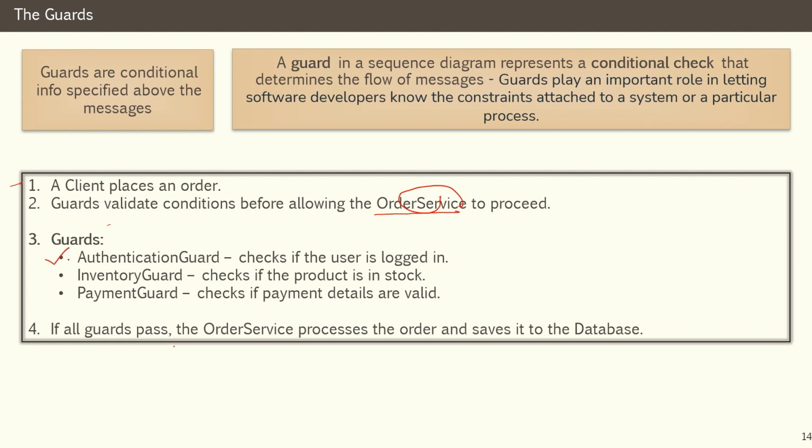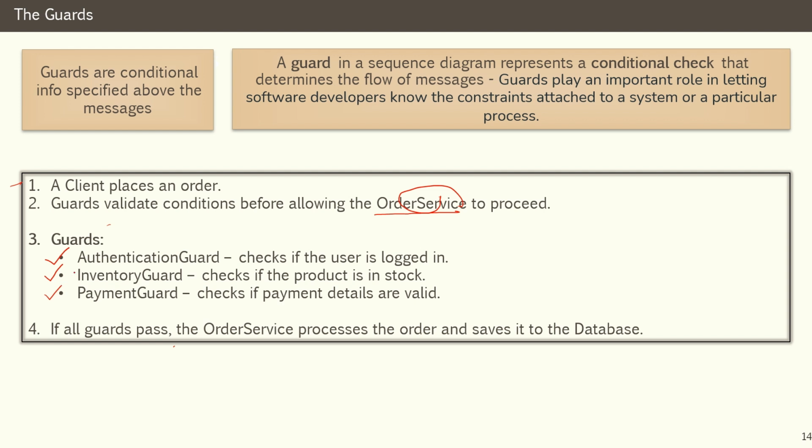One is an authentication guard that is responsible for checking whether the user is logged in. The next guard is talking about whether the item ordered has enough stock in place, to check against the inventory. Next one, whether the payment details are all valid.